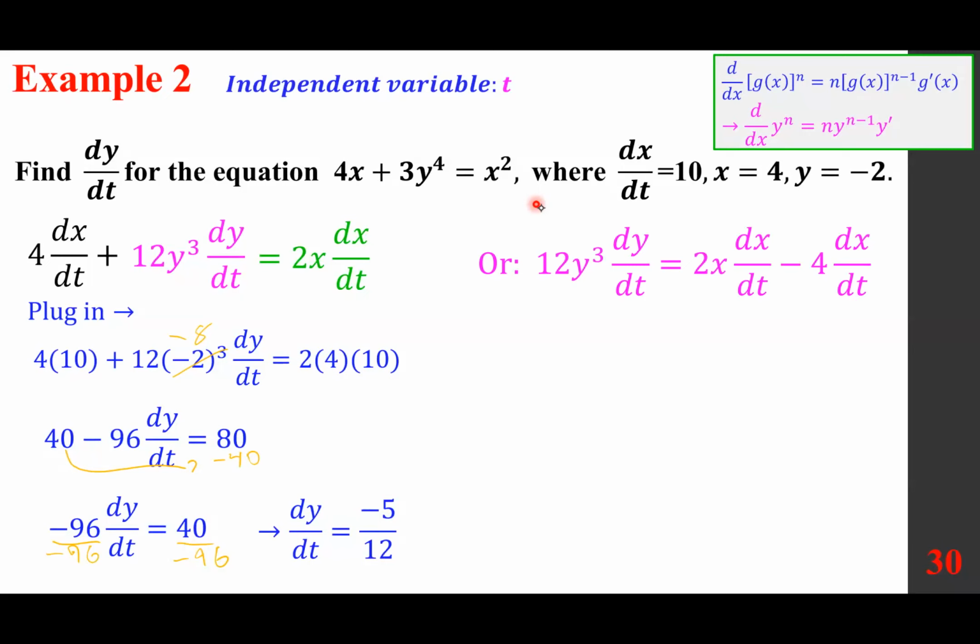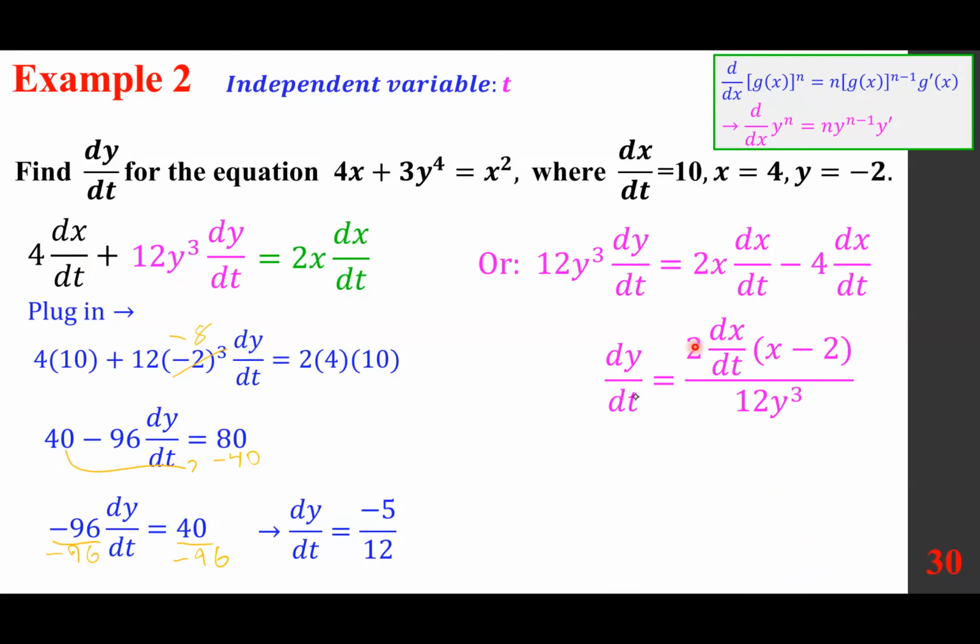Okay. So we are going to move this one, and it becomes negative. All you have to do is divide both sides by 12y cubed. When you divide by 12y cubed, remember that on the right side, they have a common factor of 2. You can write it this way.